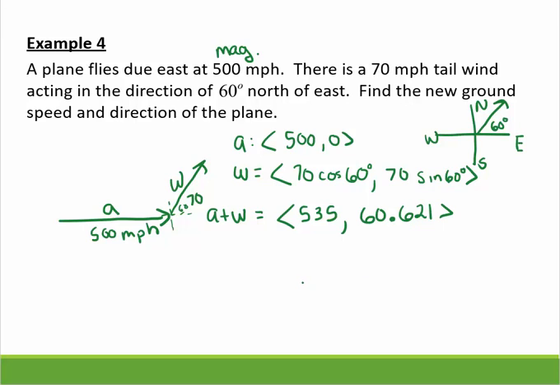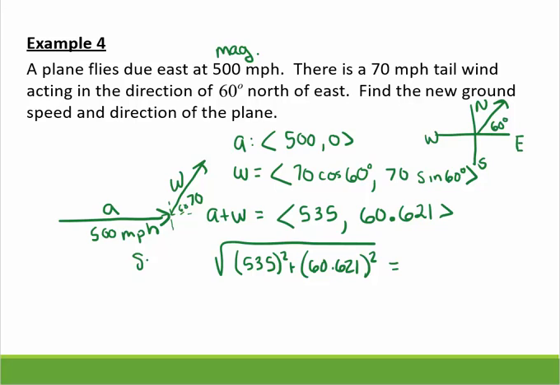Now I'm looking for the speed. So the speed is the magnitude of this vector. So square root of 535 squared plus 60.621 squared. Speed is magnitude.